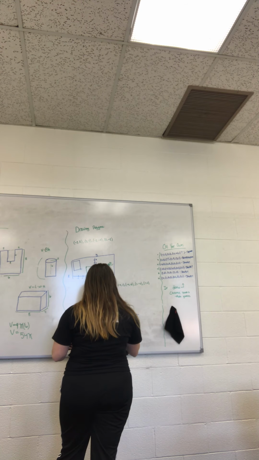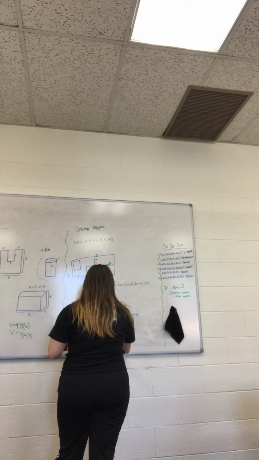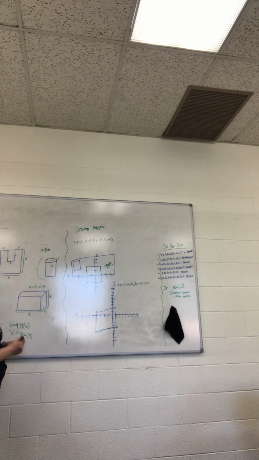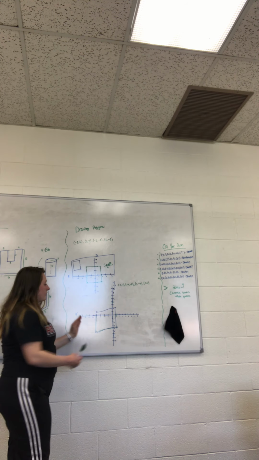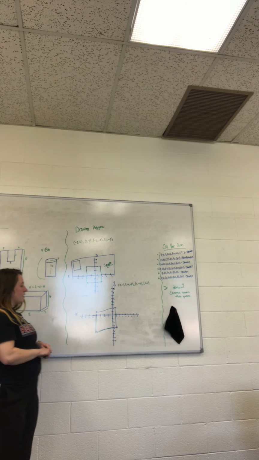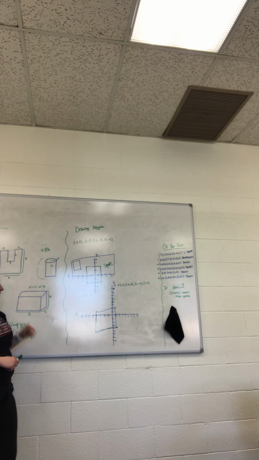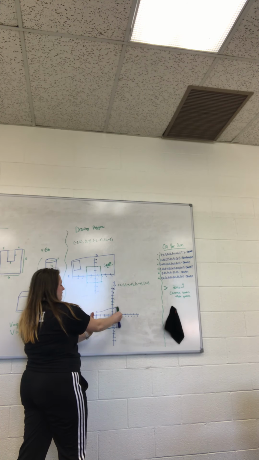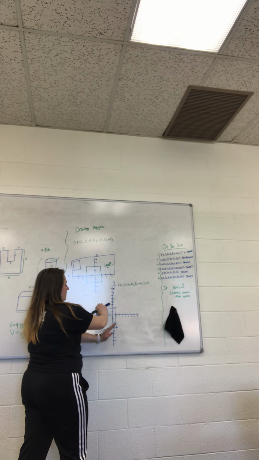That one might be a square, but is it at different angles? Is this like this one? No. It's a parallelogram, right? Because it's slanted, right? We have our two lines here and our two lines here, but they're slanted.